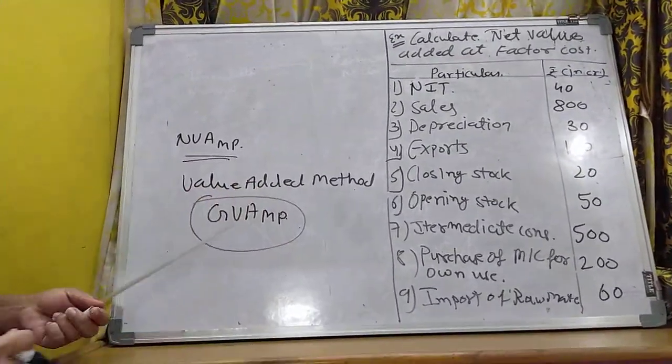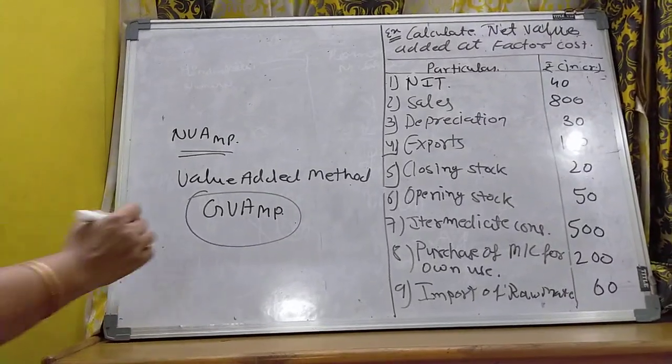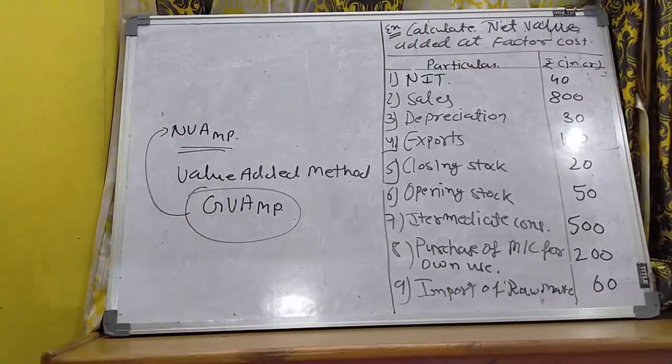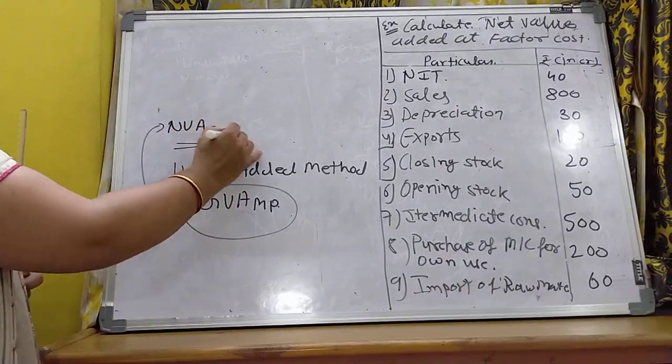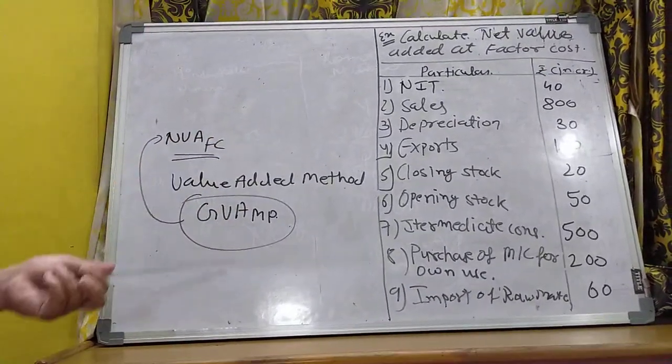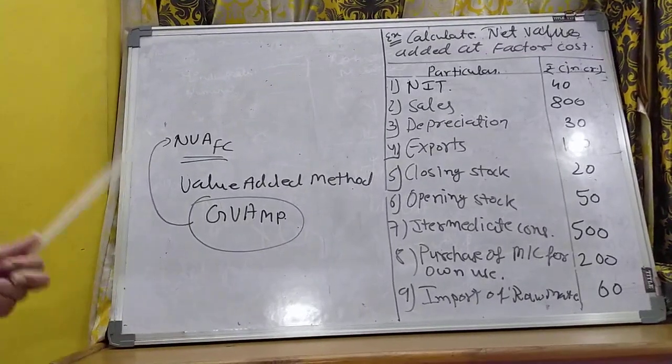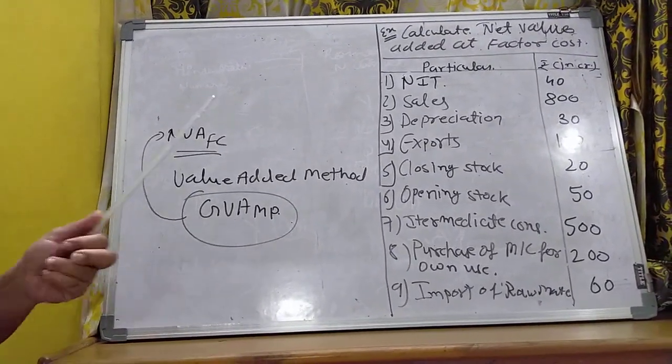We have to calculate GVA MP first, and then we move to NVA FC. So first, with the help of the value added method, we have to find out GVA MP.